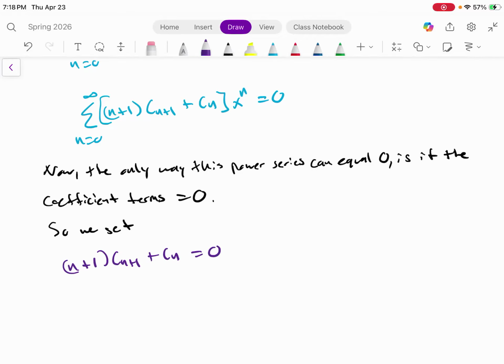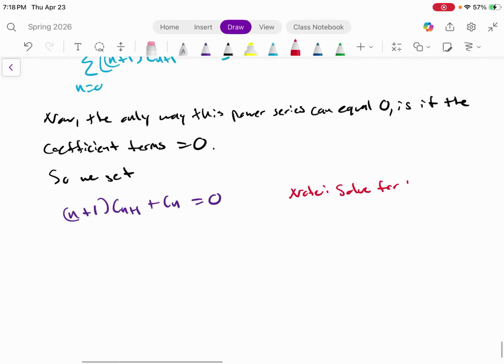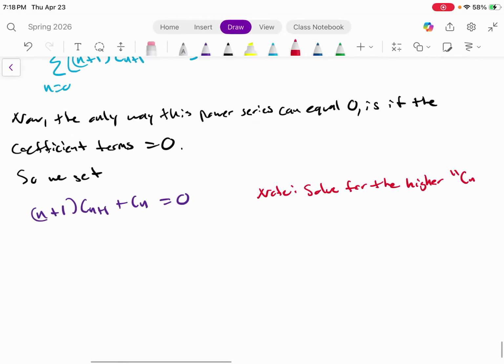Okay, so we're going to set up our recurrence relation right now. And the way we typically do that is, here I'll say note, we always want to solve for the higher c sub n. So what we're going to do is solve for c sub n plus 1, because that's the bigger or higher c sub n.